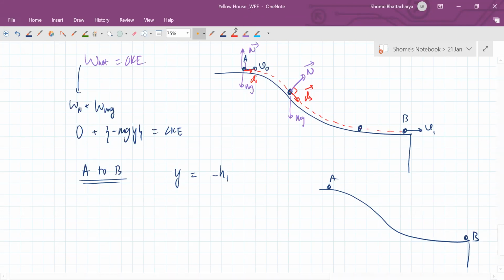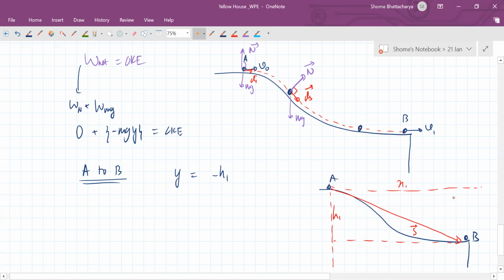So from here to here, this is the displacement vector. What are its vertical and horizontal components? This is h1 and this is some x1, let's say, from here to here. So this displacement vector is x1 i cap minus h1 j cap. So the displacement from A to B, what is the y component of displacement? It is minus h1. Is it clear now?